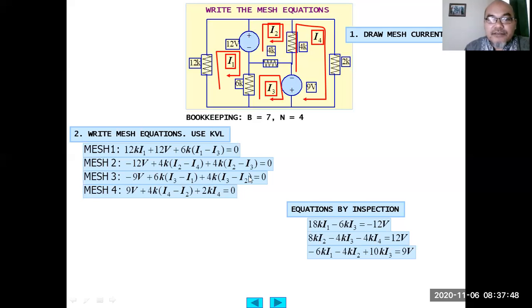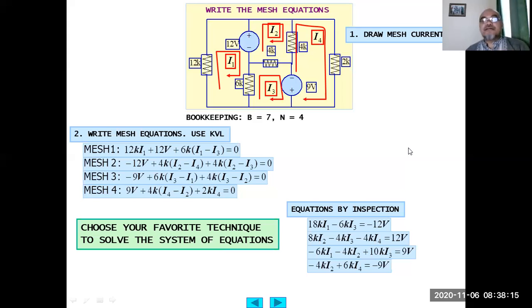I2 comes from this part only, so negative 4k I2. While for I3, there are two coefficients, 6k and plus 4k. So here we write plus 10k I3 equals 9. And finally, the last mesh equation is negative 4k I2 plus 6k I4 equals negative 9 volt.